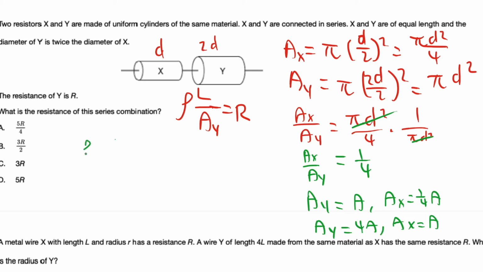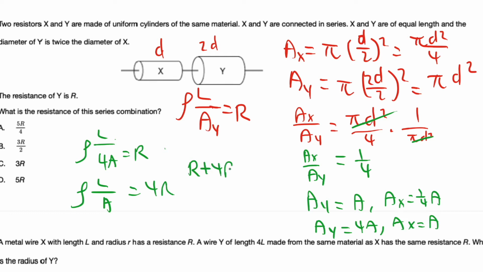So resistivity times length over 4A is going to be equal to R. Then resistivity times length over A is going to be equal to 4R, right? Because here is 4 times larger than this quantity here. Now I can calculate the sum of their resistance: R plus 4R, which is just equal to 5R. So the answer is D.